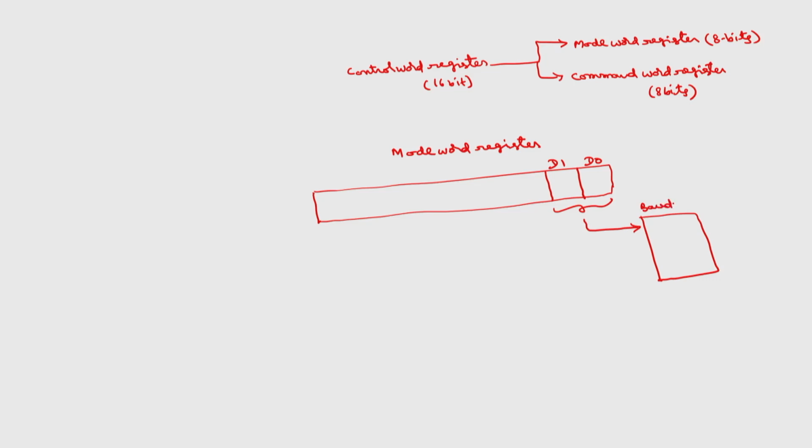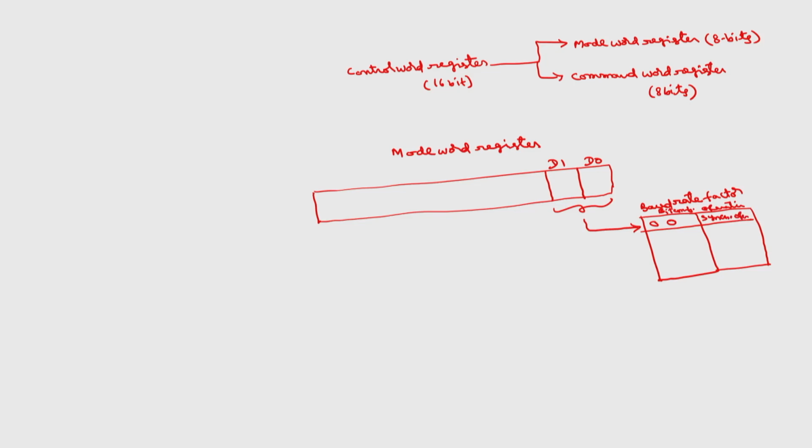We know what is baud rate. If this is 0 0, this is the bit configuration 0 0, the operation and bit combinations. 0 0 means synchronous operation.